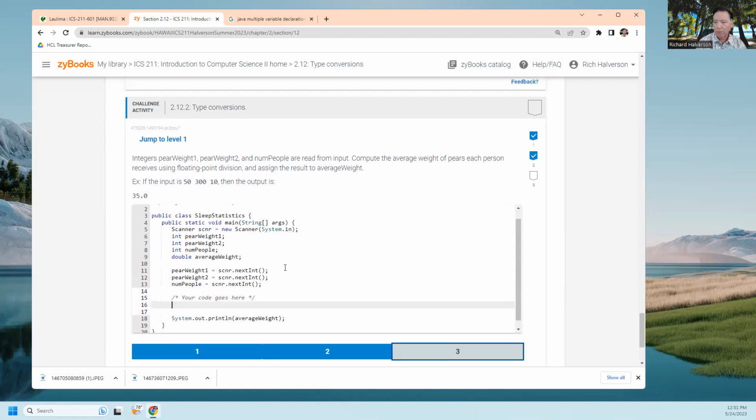We want to go num average weight is equal to, let's see if this works, double pair weight 1 plus pair weight 2 divided by people.